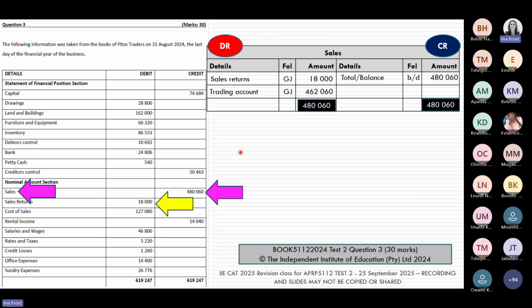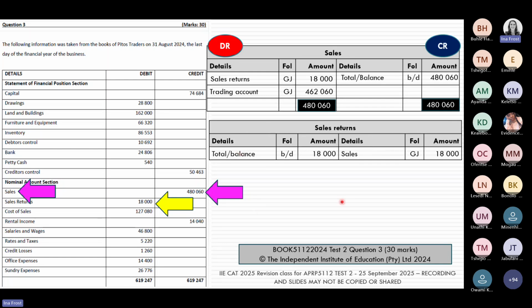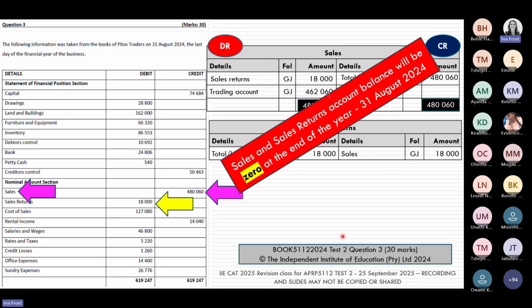Now, if we did ask you to do sales returns as well, you'll see there's the sales returns, there's the opening balance, 18,000, and I take the 18,000 to my sales account. So now, after these first steps, both my sales and sales returns accounts will have a zero balance.